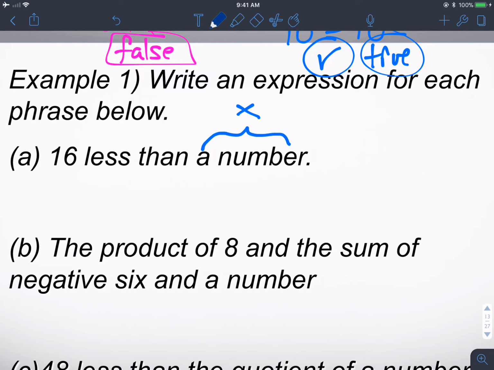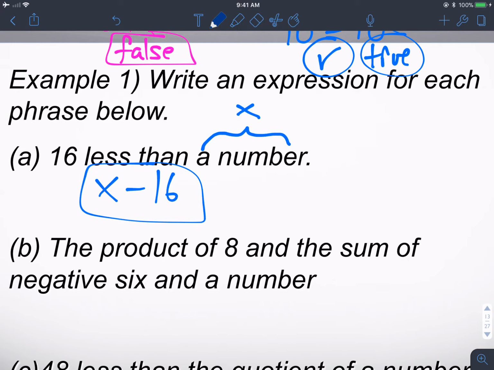So I think that the x might come first, like you said. Okay, order does matter. If you said to yourself 16 less than 20, it would be 20 minus 16, right?